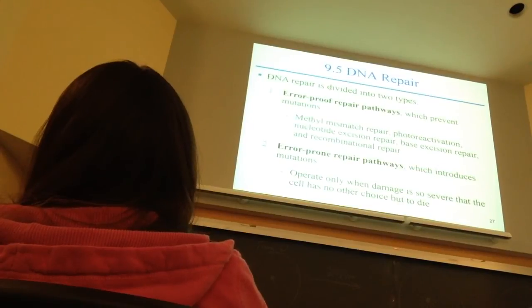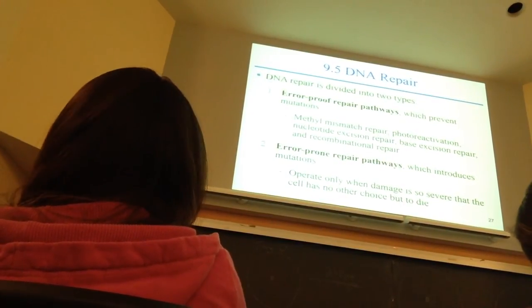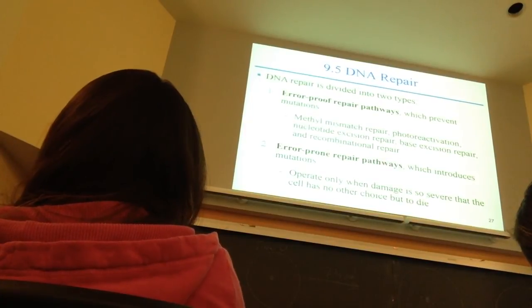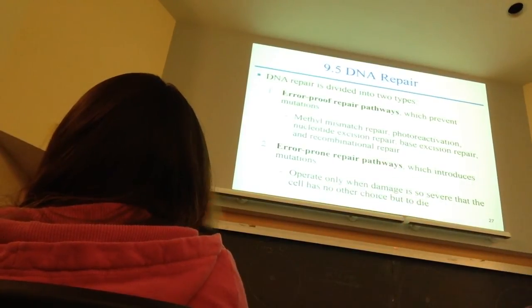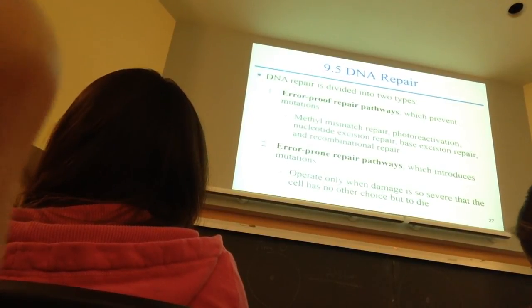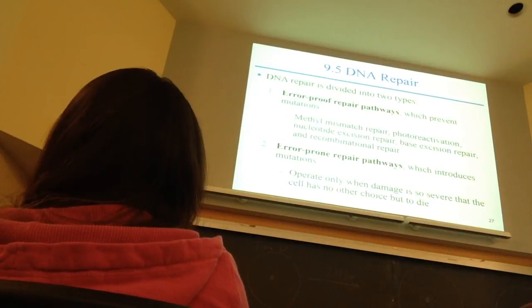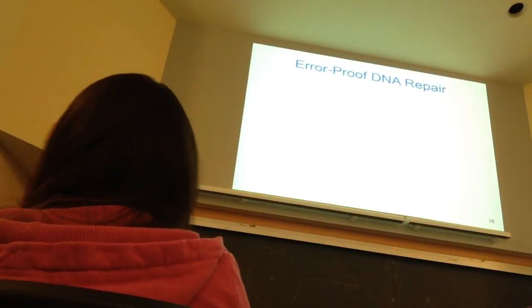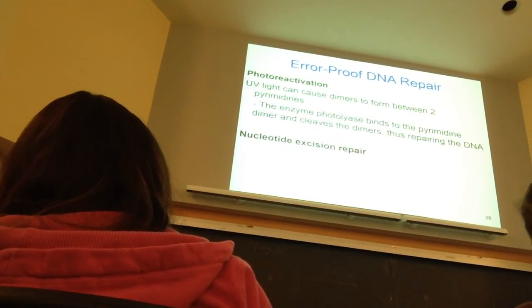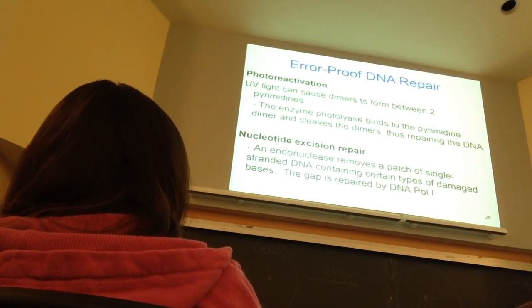And so this operates only when the damage is so severe that the cell has no other choice but to die. So you either introduce tens, I'm going to just say tens of mutations, if not hundreds of mutations. Otherwise, you die. Okay, so you can say, I basically already covered this.